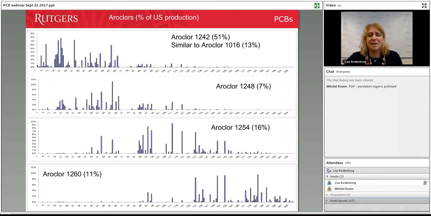And the point here is that if you do measure all these individual congeners and then you plot them up in a graph like this, you can compare what you're measuring out of the environment to what was measured in the original Aerochlor samples, and you can get a pretty good idea of what Aerochlor it is that's out there in the environment. And then based on knowing which Aerochlors were used for which types of applications, which industries, then you can start to figure out who's responsible for the PCB contamination that you're seeing in your local waterways.